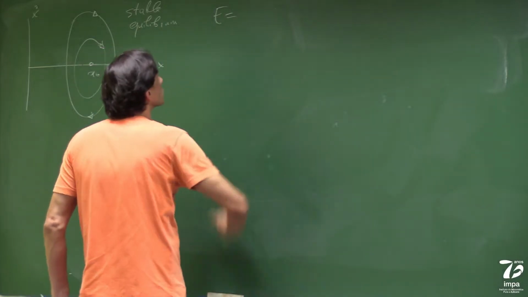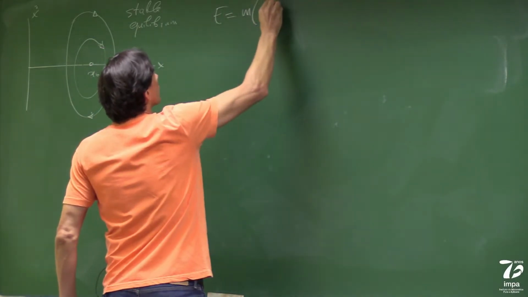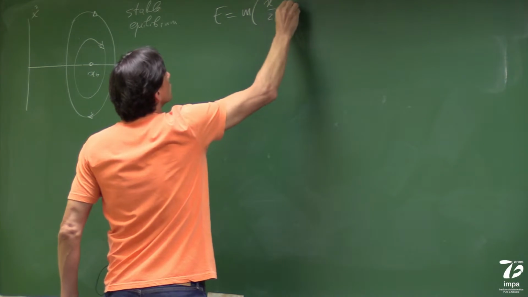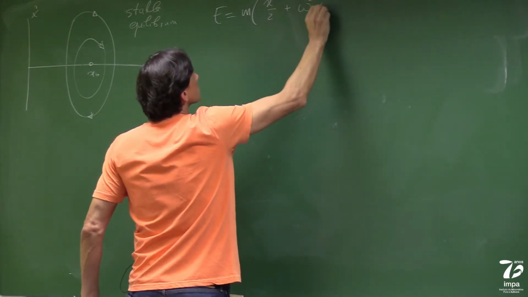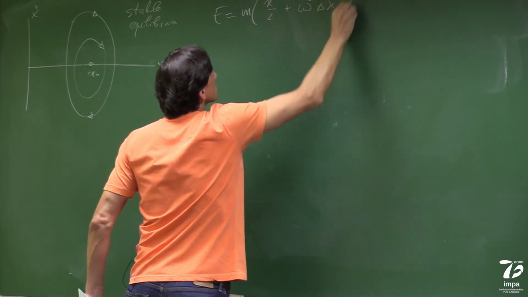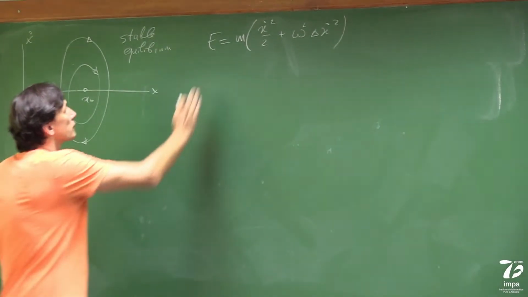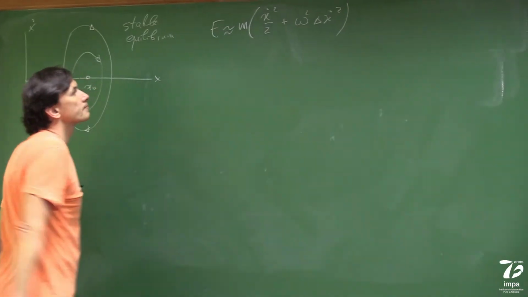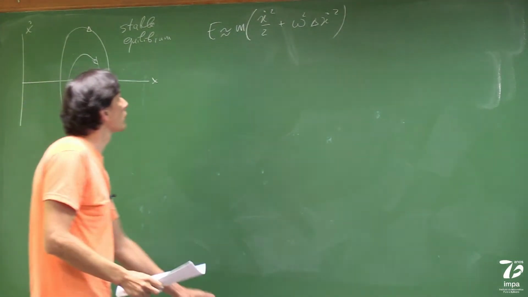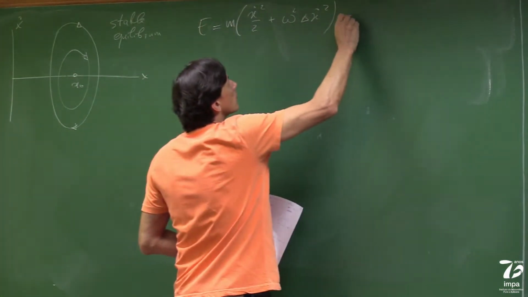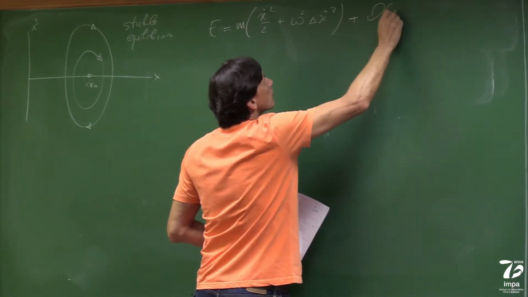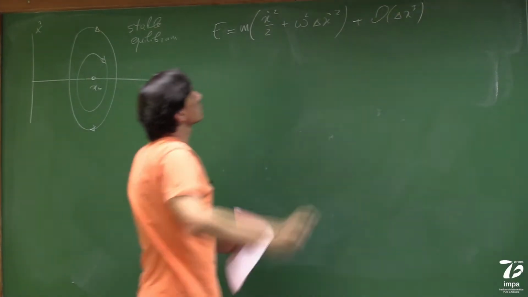Let's put m outside. m will be x dot squared over 2 plus omega squared delta x squared. So this is our energy, approximately. Or we can just make it exact. So that's the expression for energy.